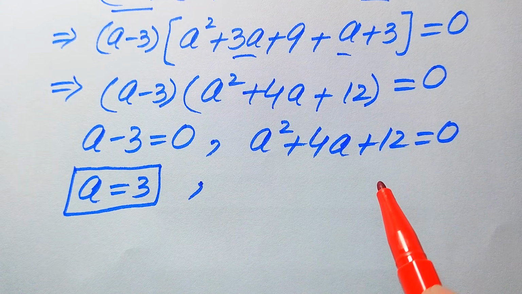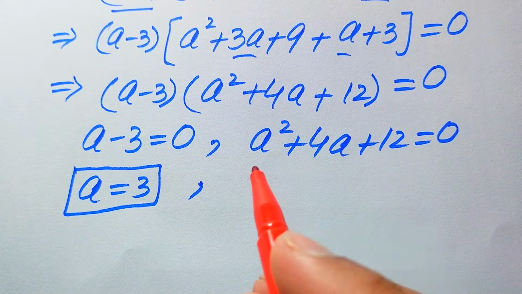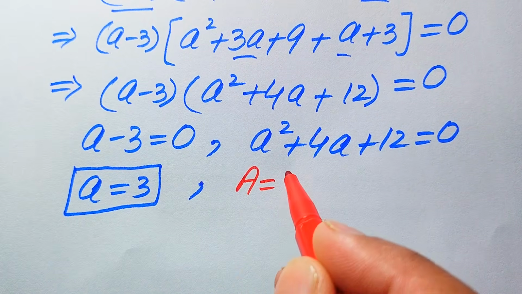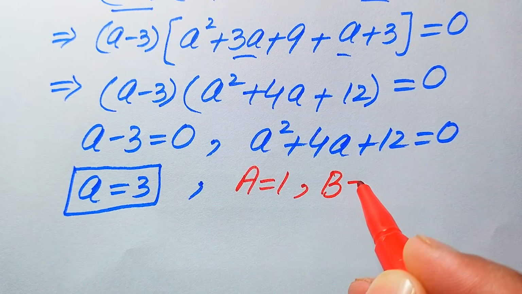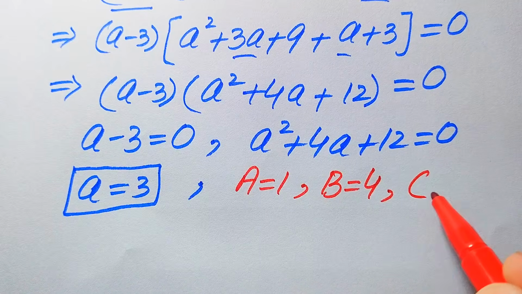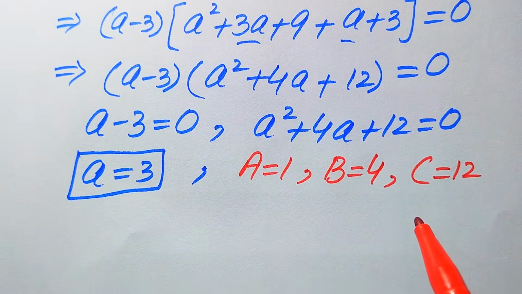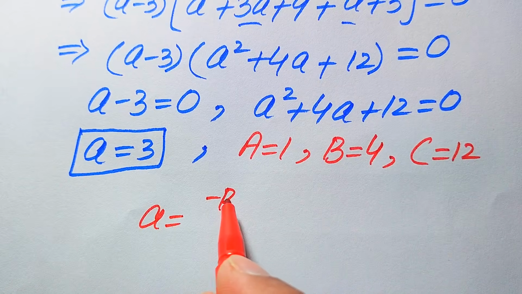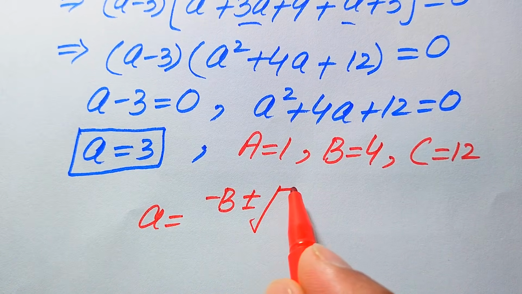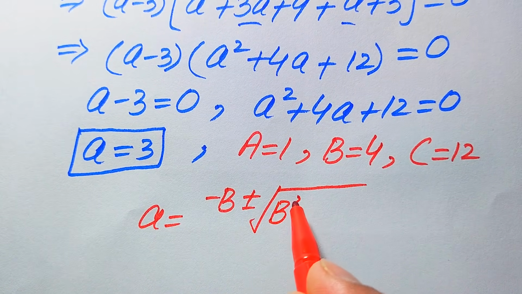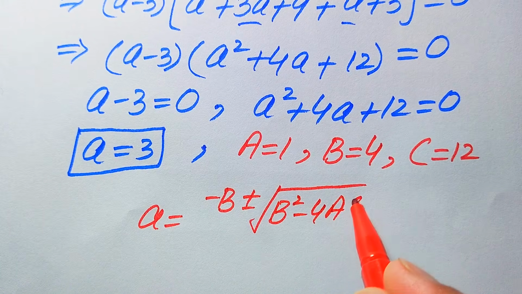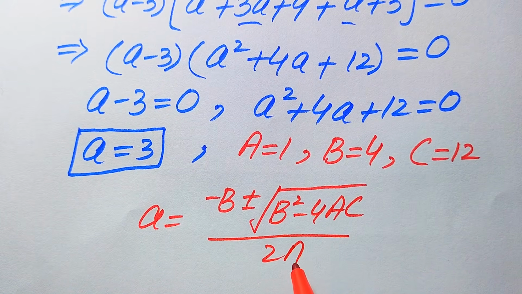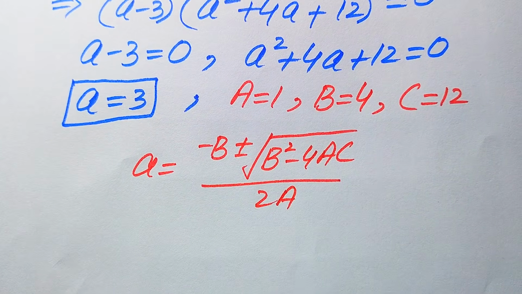For this we first write the coefficients of this equation: capital A equals 1, capital B equals 4, and capital C equals 12. And we state the quadratic formula as a equals minus B plus minus square root of B squared minus 4AC, divided by 2A.